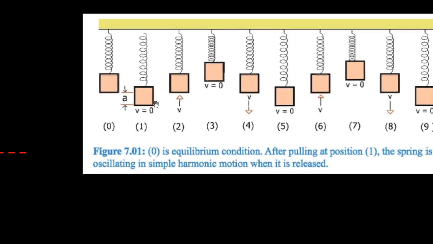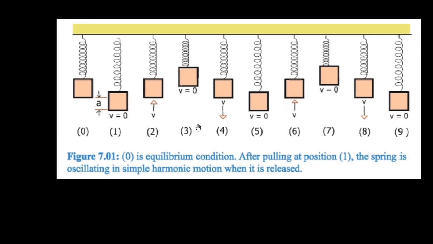So here we see the object repeatedly comes to the point of equilibrium at figures 2, 4, 6 and 8.